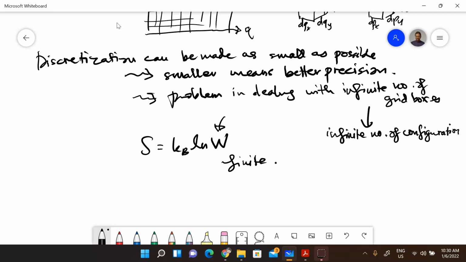So how does this connect with the previous discussion? Perhaps I should also say that in the quantum case, there's no problem. Why? Because there's an uncertainty principle.